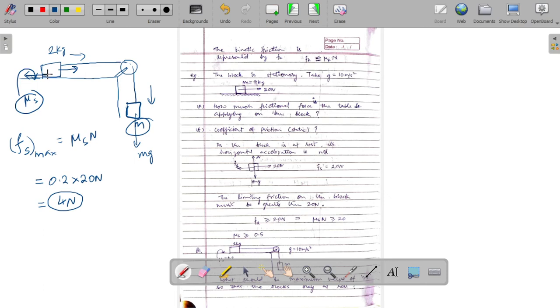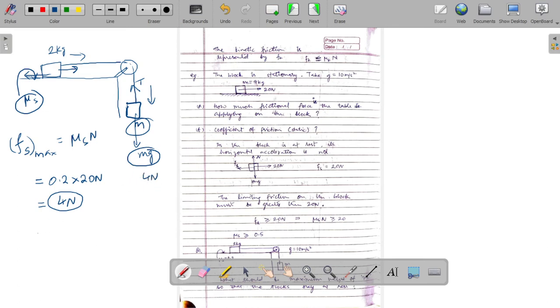We should think that the static friction acting on the block has a maximum of 4 newton. If tension exceeds 4 newton, motion will happen. We have to prevent motion, so the maximum value of tension can be 4 newton. That means the maximum gravitational force applied must equal 4 newton.